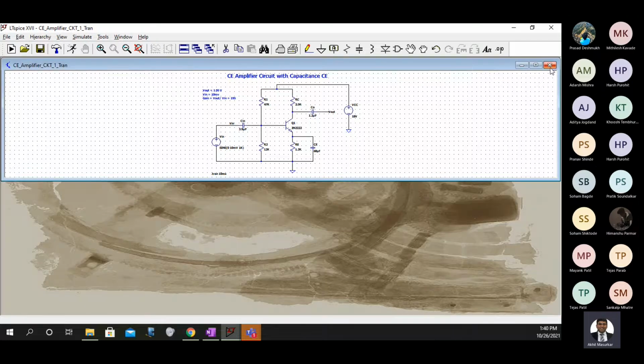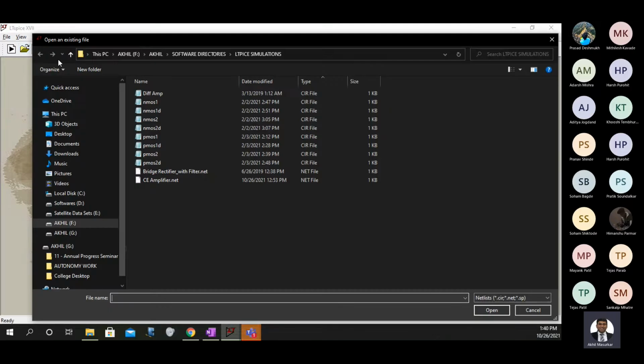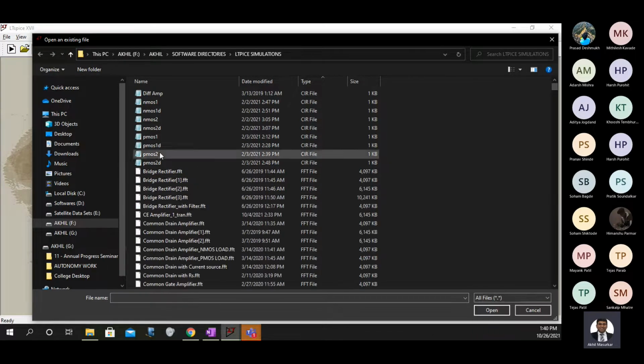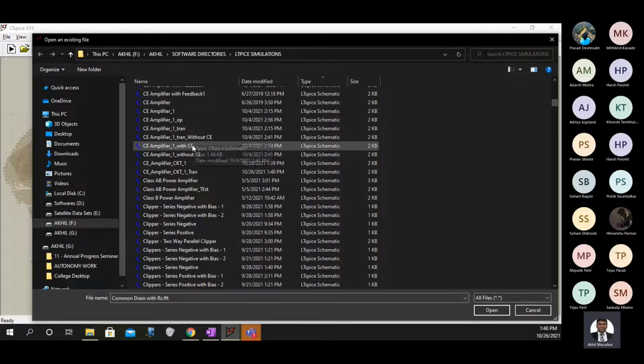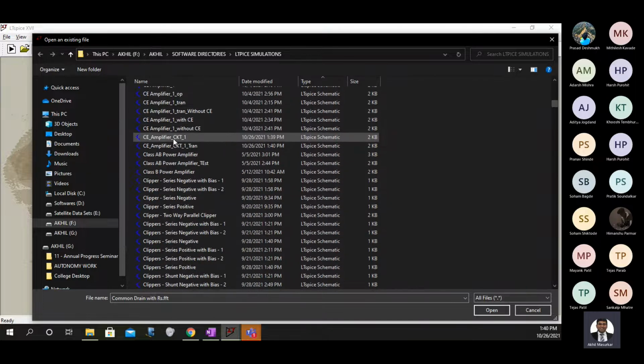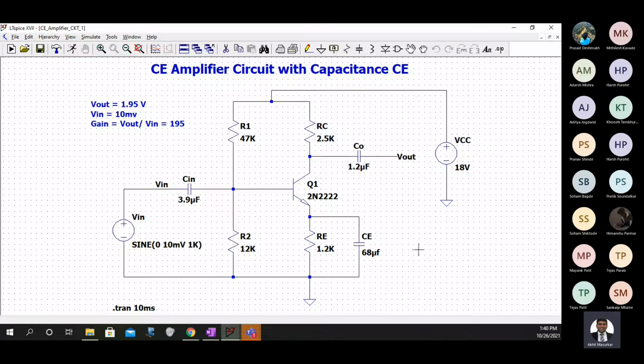I'll close this. Now I'll open my original circuit again. Where is our circuit? Okay, so this is our circuit.